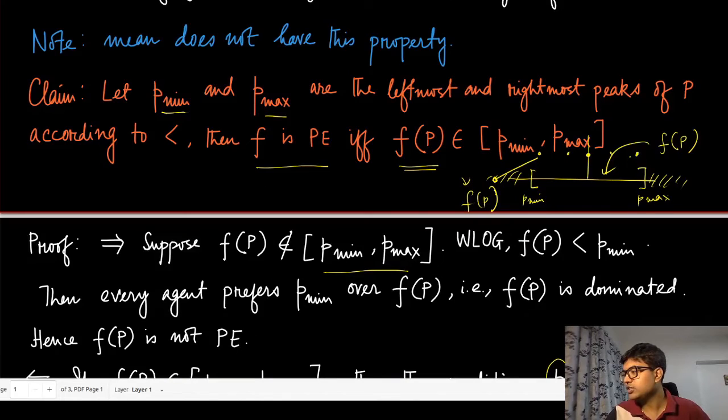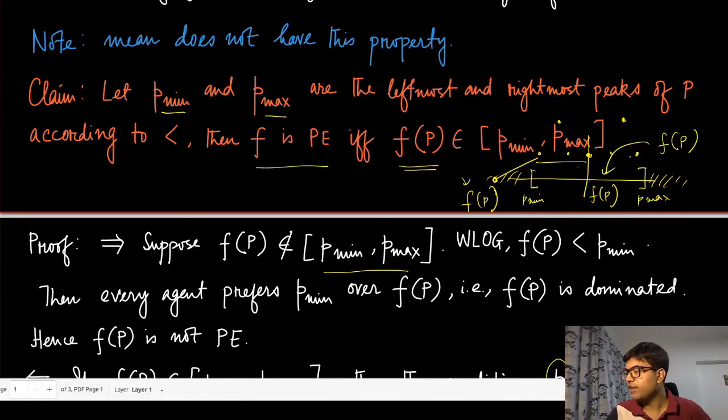All the agents on the left hand side of this, between P min and this f of p, have their own choices which are possibly more preferred than f of p, but there are some alternatives for which it is on the other side.